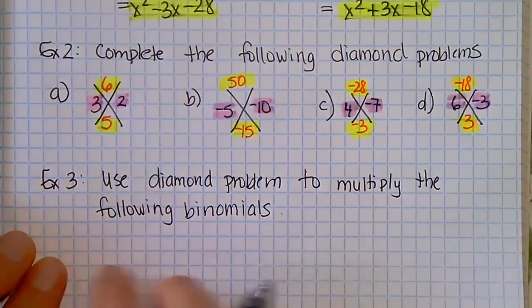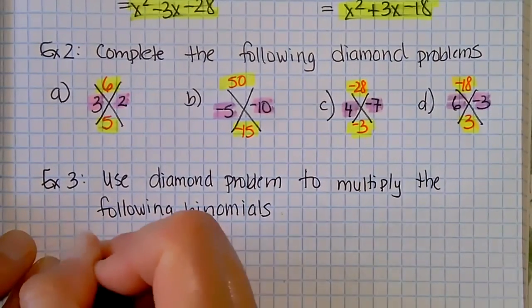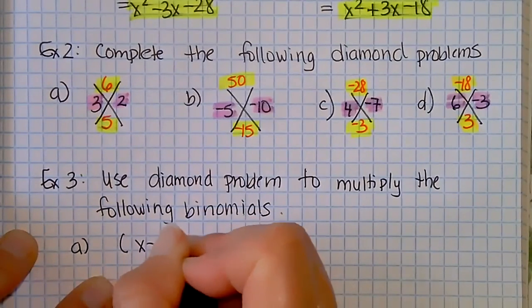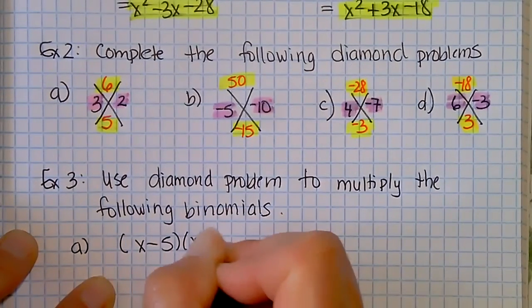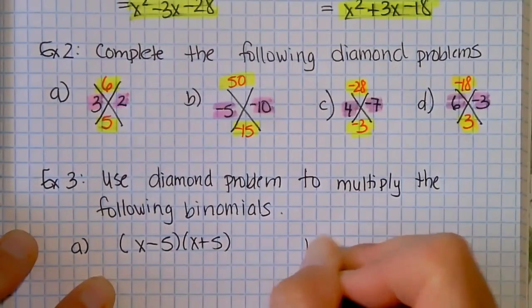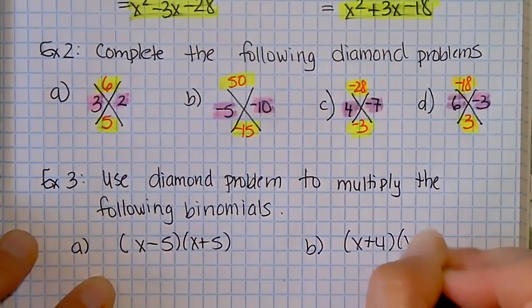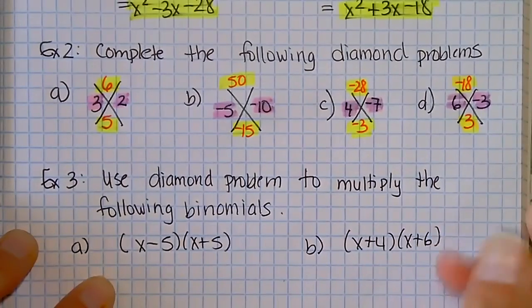Okay, so I'm going to go through 2. So let's say one of my problems was x minus 5, x plus 4. And I had another one that was x plus 4, x plus 6.